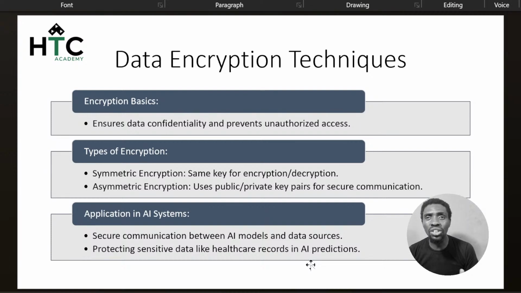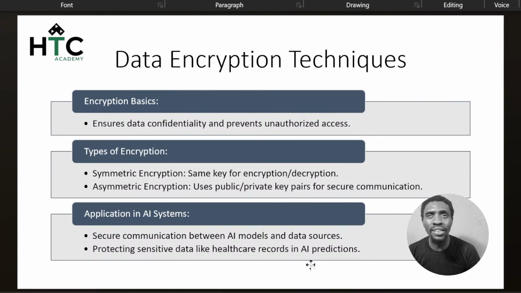Changing it from cipher to plain is decryption. Encryption is changing it from plain text to ciphertext. So once I encrypt with an encryption key, that same key needs to be used to decrypt it. That system is known as symmetric key encryption: a single key for encryption and decryption.